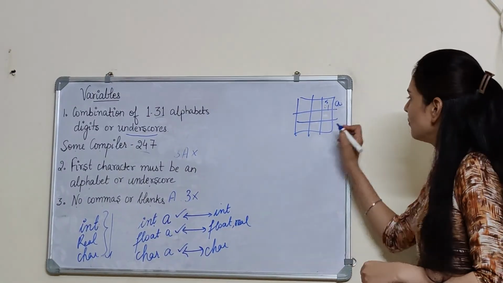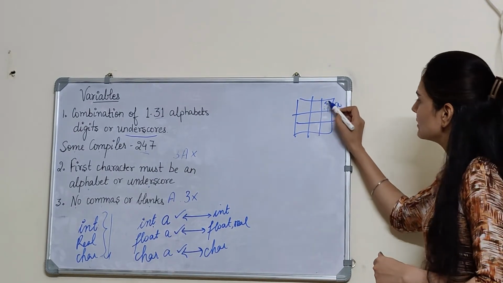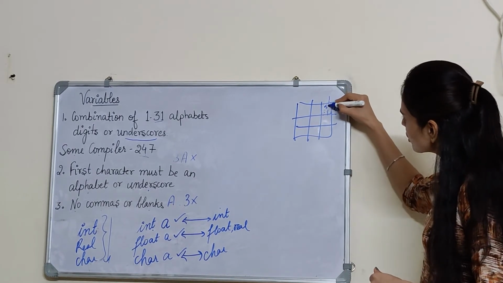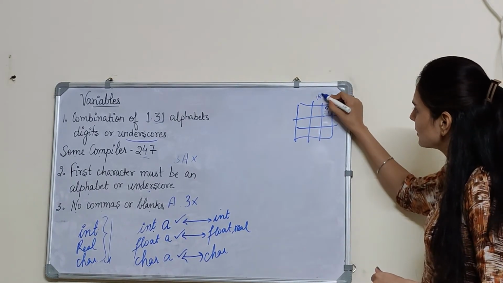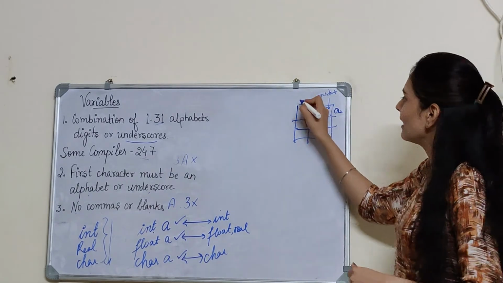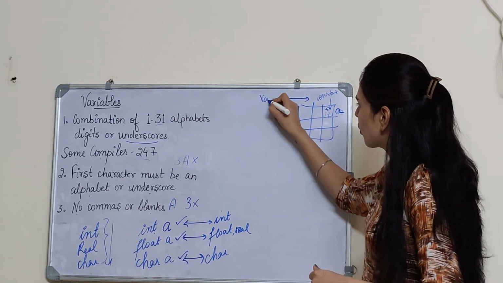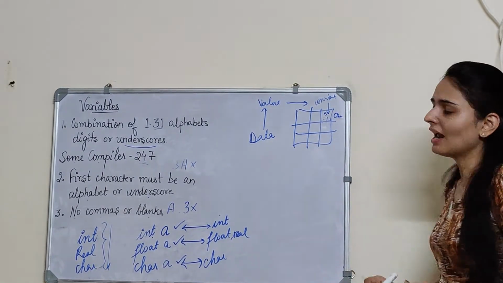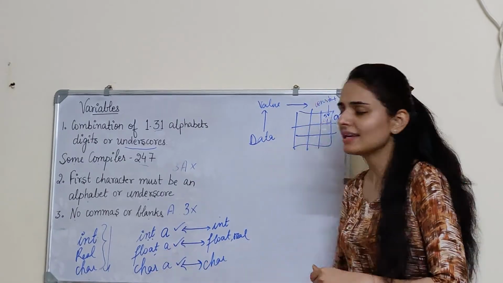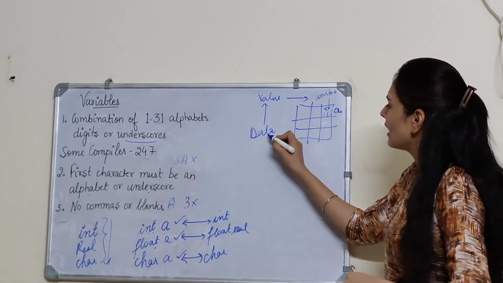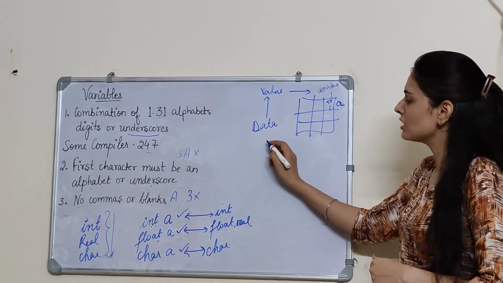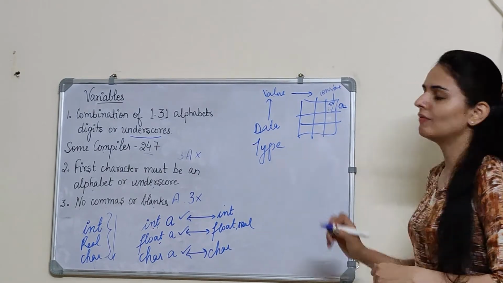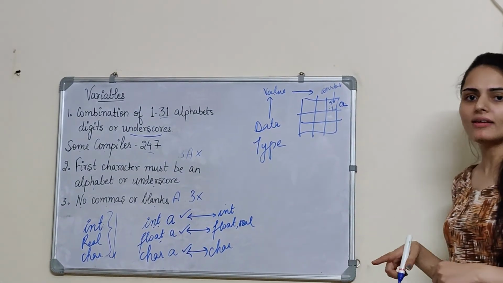Now one more thing we need to understand over here: this is the memory location which is named as A. Now the value that we are storing within this is a constant. We can say that the value that we have stored is basically the data, and with this integer, float and character, we are basically knowing what type of data we are storing, whether it is an integer type, float type or character type.